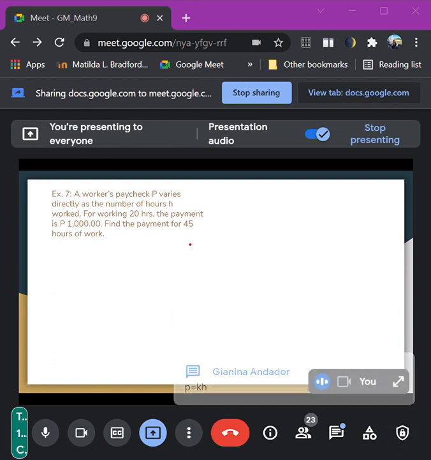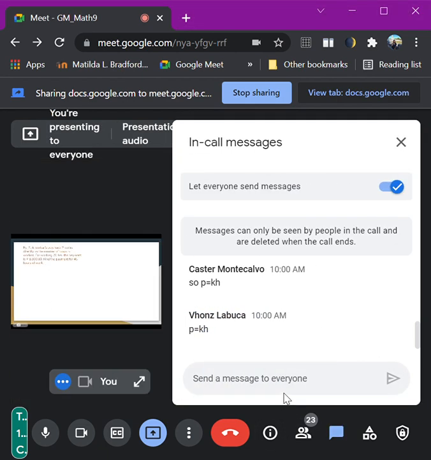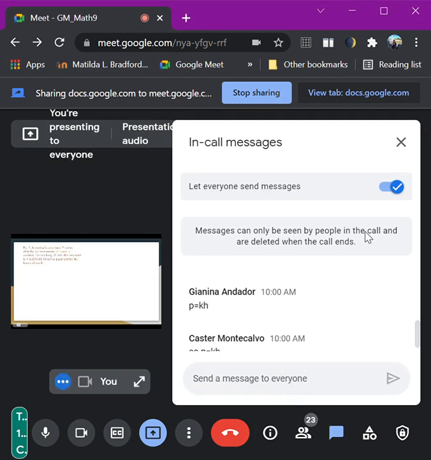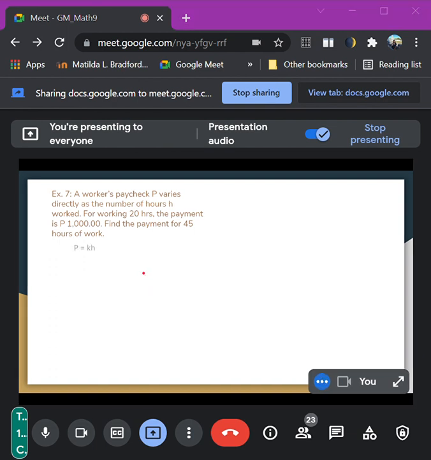Okay, we have from Janina. P is equals to K times H, which is correct. Very good. So, gisunod ra nato, no? Makuha na nato ang equation. Now, class, naa tay given diri nga working hours kay 20. Ang payment kay 1,000. So, what are we going to do next class?